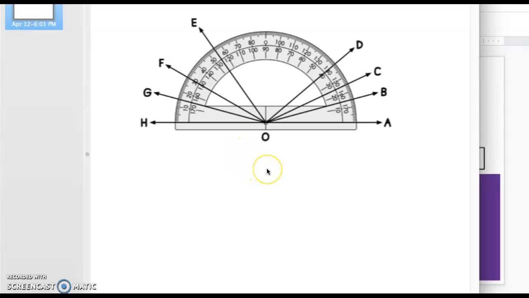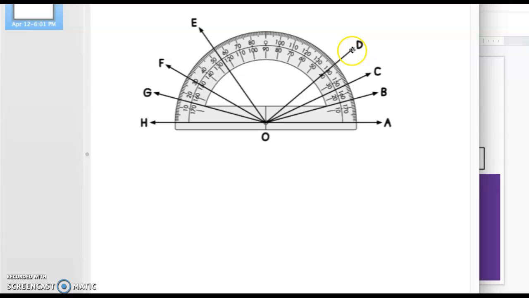The first angle that I'm going to look at starts here with A, and notice that all of these angles have the midpoint, the vertex, of O. Okay, so the O will be your vertex for all of these angles.